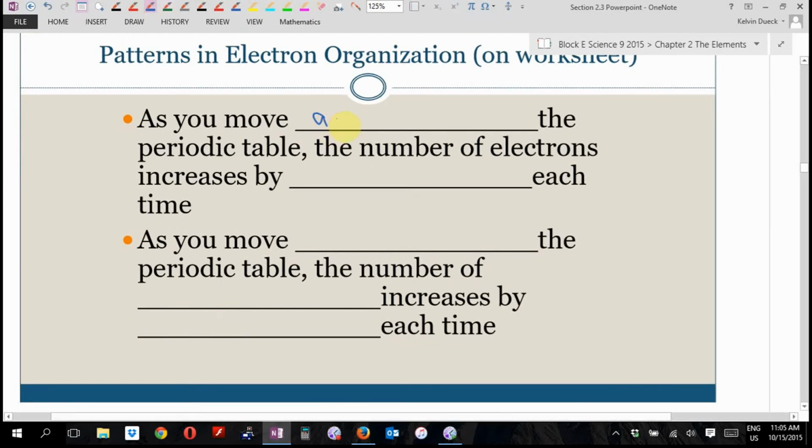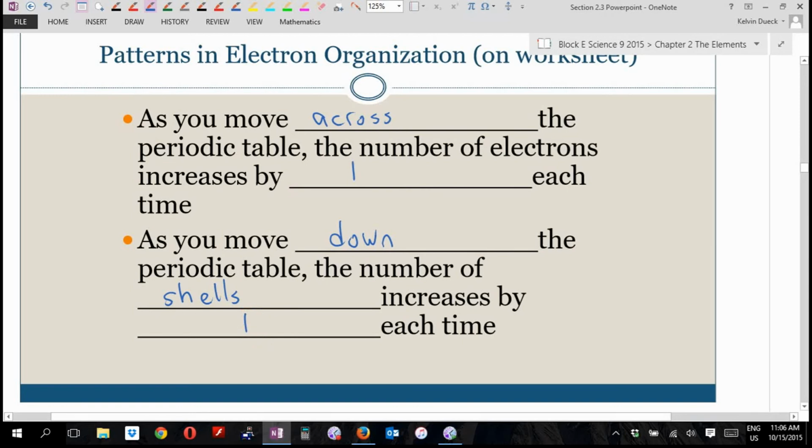As you move across the periodic table, the number of electrons goes up by how much? By 1 each time. As you move down the periodic table, the number of shells increases by, when you move down a row, how many shells do you have? 1 more each time.